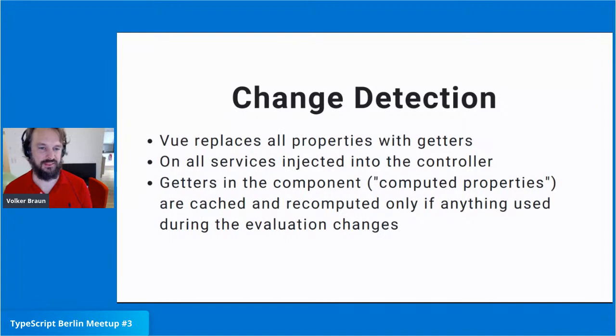Now the other half is that the getters inside the component, which are called computed properties in Vue if you read the documentation, are rendered, for example, with moustaches into your template. But when Vue renders them, it evaluates them and sees which thing it had to look at to evaluate that interpolation.